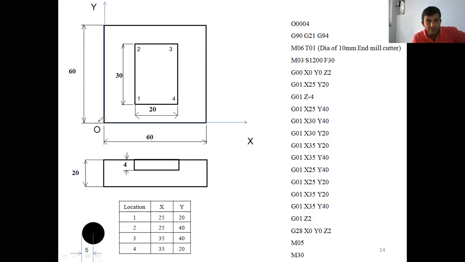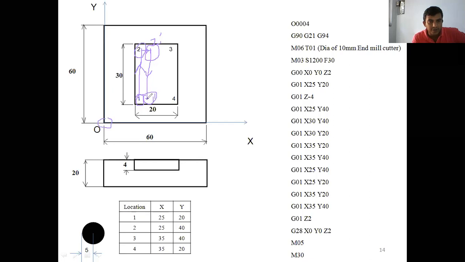Now move the cutting tool from home to the first location, the inside of the raw material. From the first location, move the cutting tool to the second location. After that, move the tool from the second location to 2 dash. From 2 dash to 1 dash.